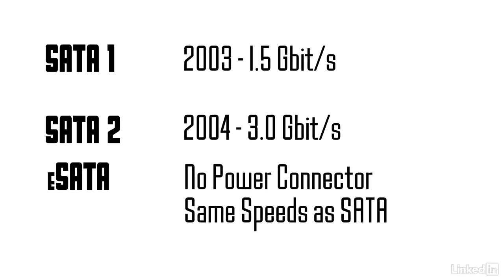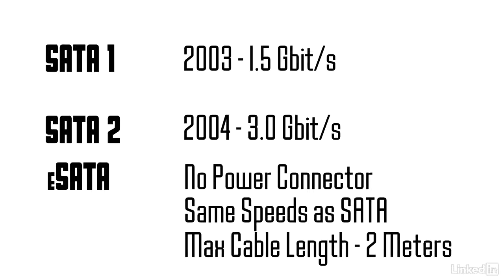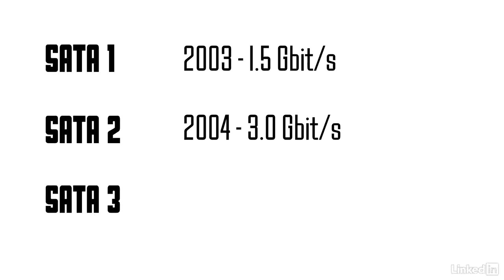So if you have a SATA 1 capable motherboard, then the eSATA is going to run at SATA 1 speeds. If you have a SATA 2 capable motherboard, then it's going to run at SATA 2 speeds. And also keep in mind that the maximum cable length for eSATA is 2 meters, not 1 as we would see with regular SATA.